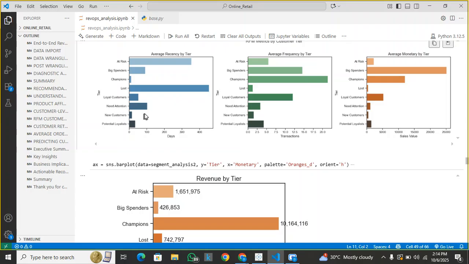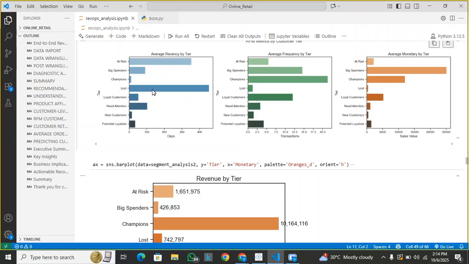Then, need attention does not even fall into any of these other 7 categories, so that's why they need attention. And then for loyal customers, they buy frequently, they bought recently, and they spend averagely.